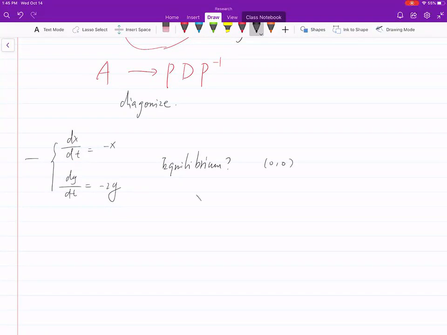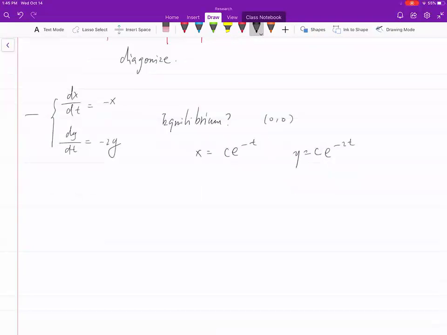Your solution looks like this, right? That means this is 0, 0. That means if you're a little bit away from 0, 0, what's going to happen? You're going to come back.